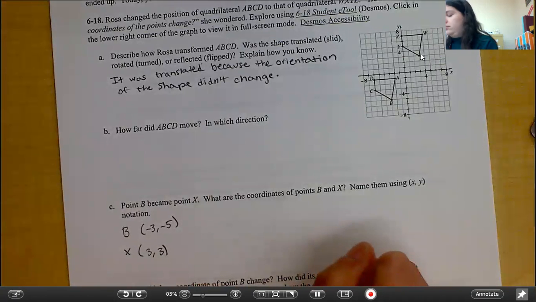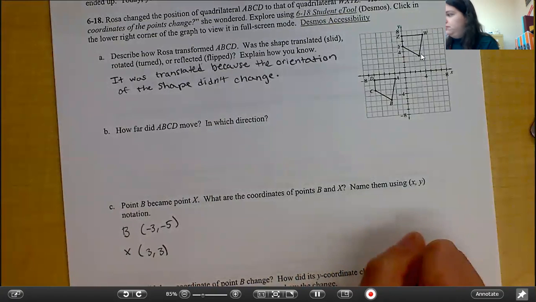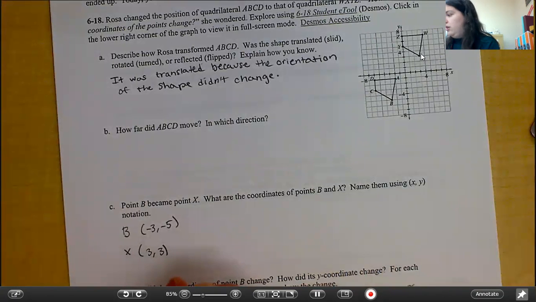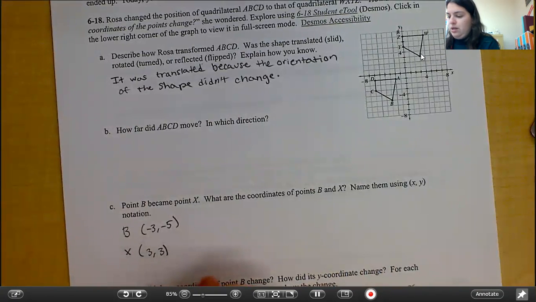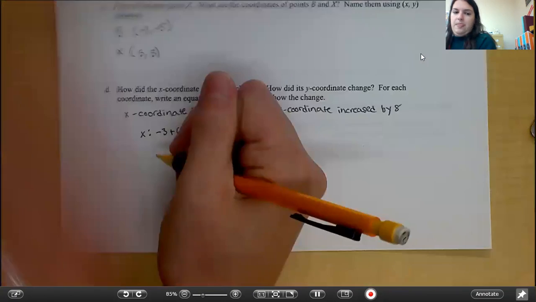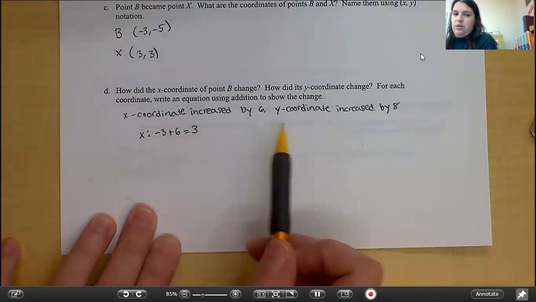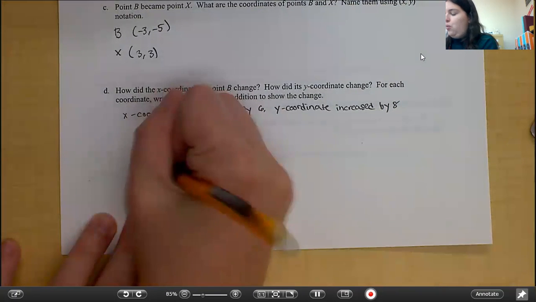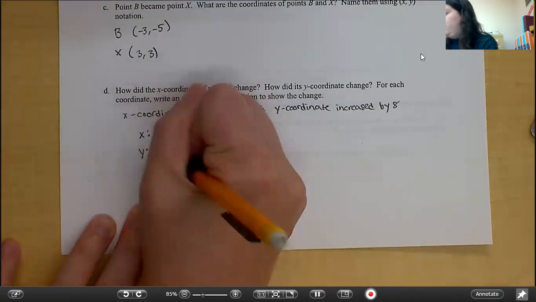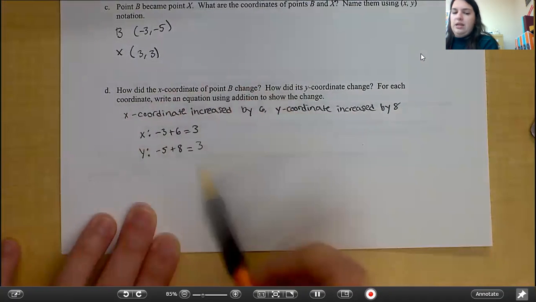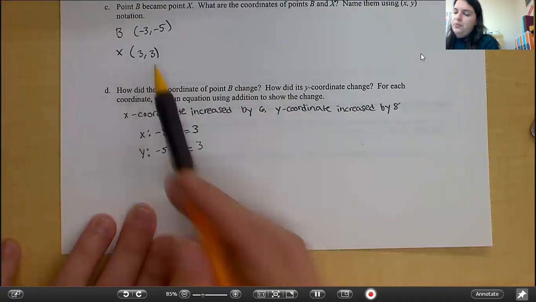Y coordinate increased by 8. So in that case, our addition, X coordinate was -3 plus 6 equals 3, because we know our X coordinate increased by 6. And our Y coordinate started at -5 and it increased by 8. So it ended at 3. That is how we got the point (3, 3).